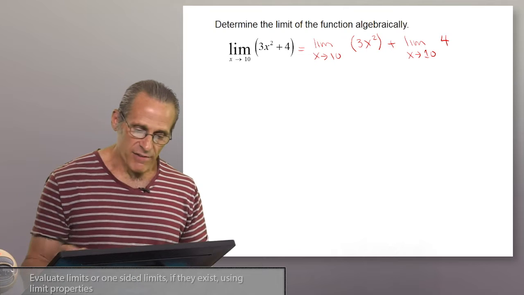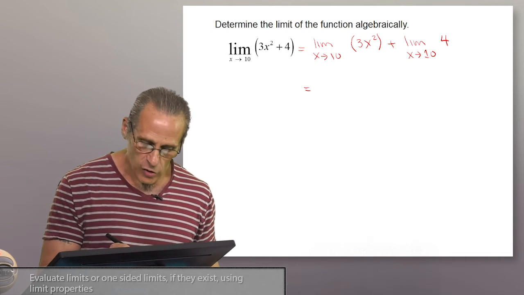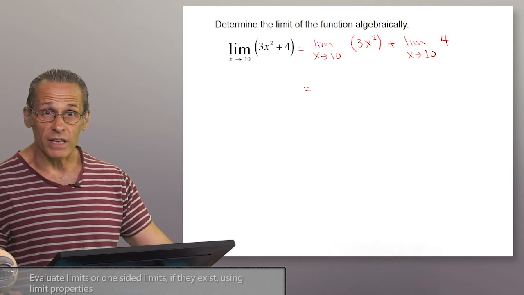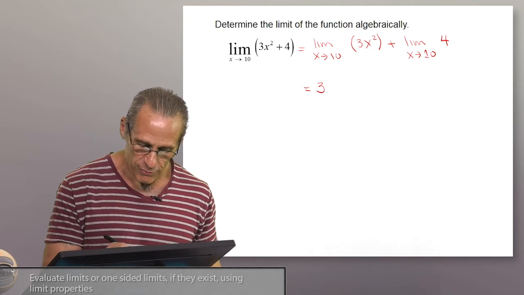Then I have a constant times x squared, and so the limit of x squared times 3 would be the same as the limit as x approaches 10 of 3x squared. That enables me to bring that 3 out front.